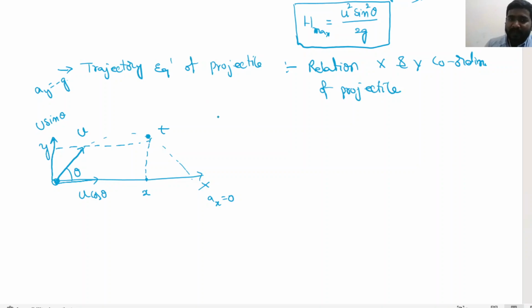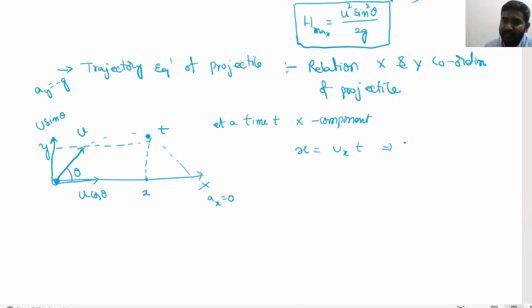Now you can see at a time t, the x component is nothing but the distance traveled by the projectile in time t. Along the x direction it is uniform motion, therefore velocity along the x direction times time t.